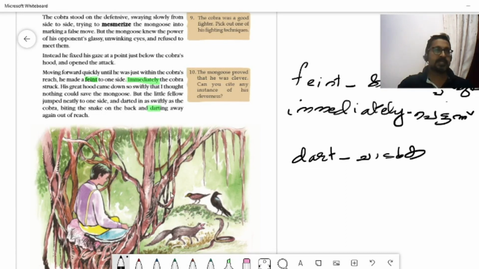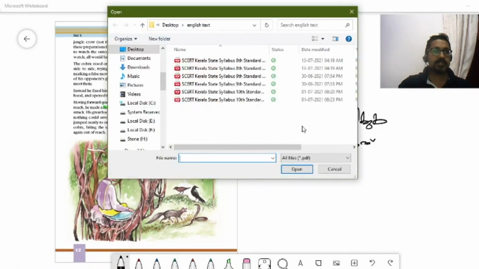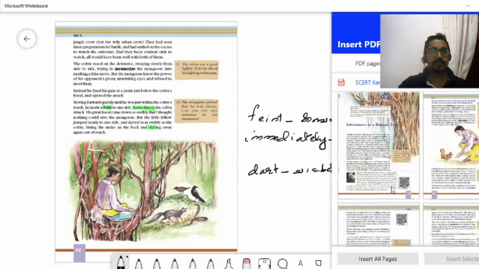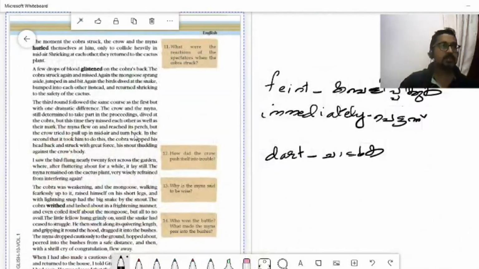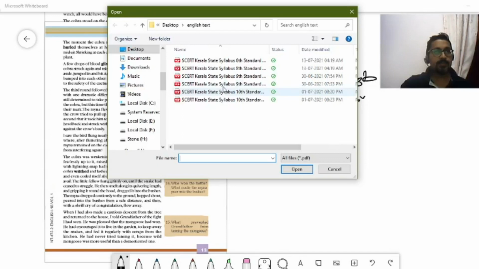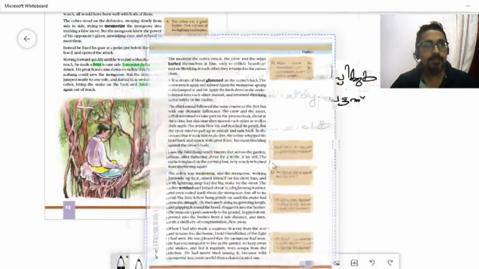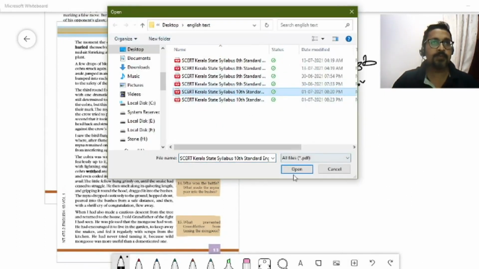Again, look in the next paragraph. Wait for a while.